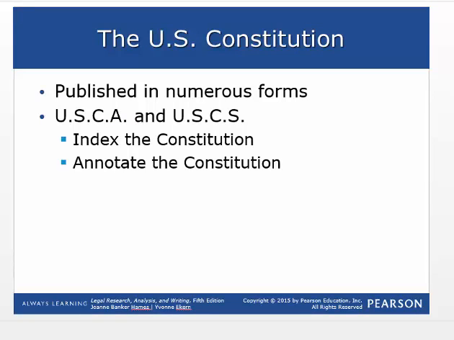So this chapter, and what your authors call enacted law, is going to focus on laws that are written, laws that are passed through legislation or ratified. The U.S. Constitution was ratified. There are amendments to it, and those needed to be voted on as well.